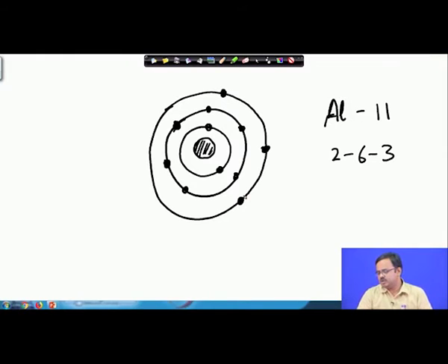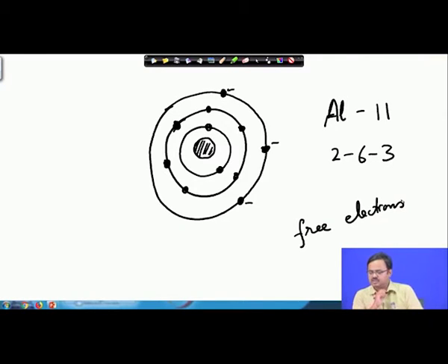Now, these 3 electrons that are there in the M shell are free to move, right? These are free electrons. They are not tightly bound or held by the nucleus, and they help in the conduction of electricity.